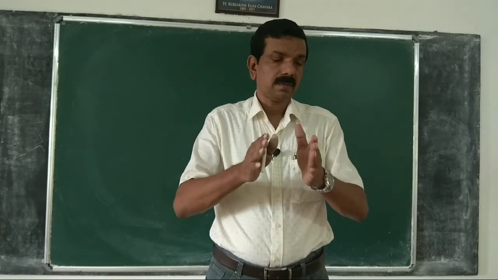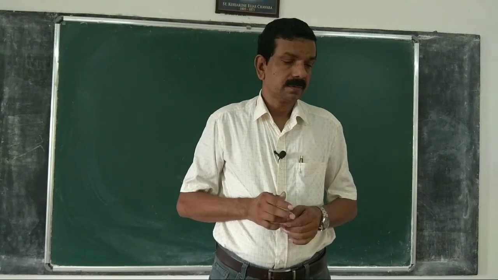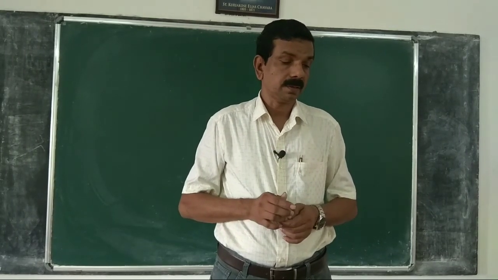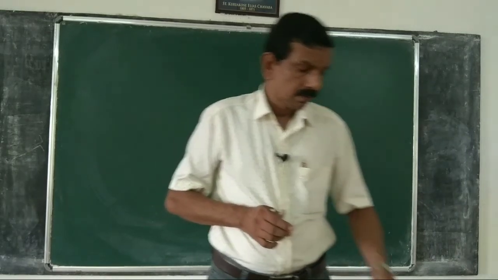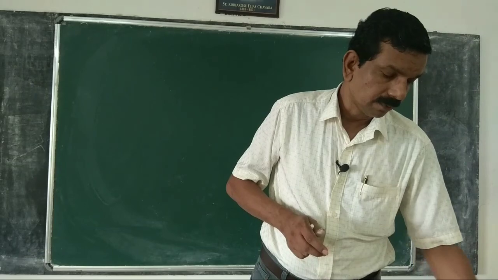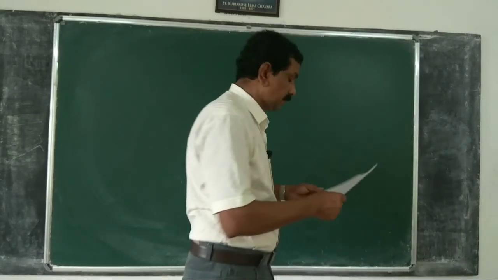Now we explain what is meant by eigenvalues and how it is related to the root of the polynomial. We start with the first order system, then we generalize it into pth order.